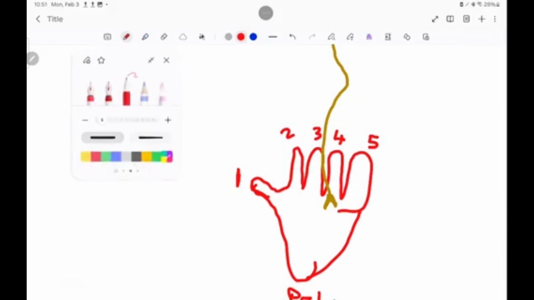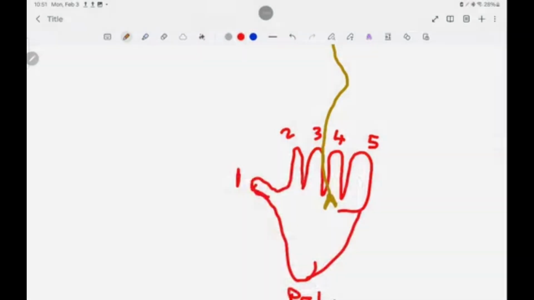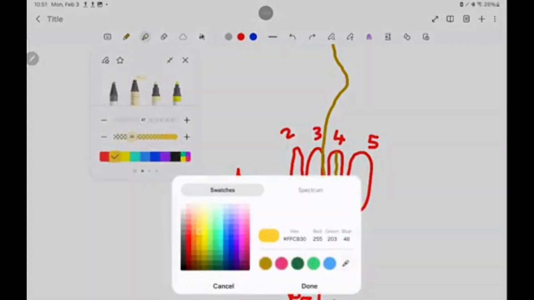I'll draw the area that it supplies. Okay, just a second. It supplies this half. If we just did it like this, it does not supply the fingers. It supplies this aspect.